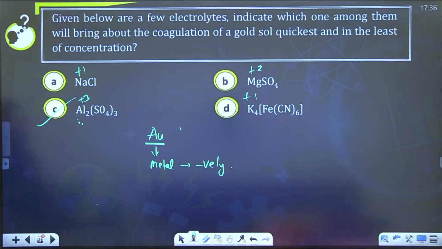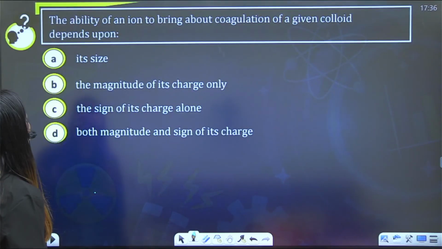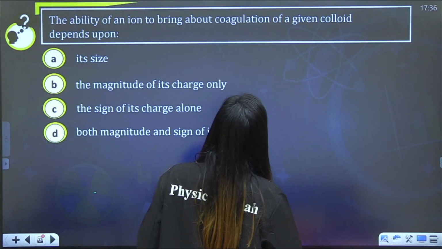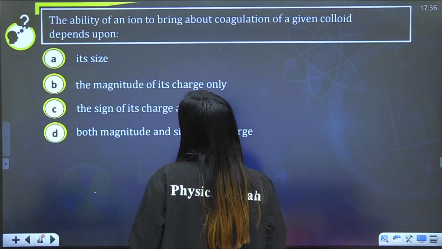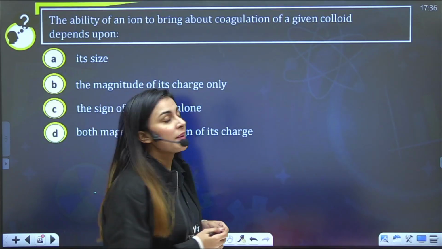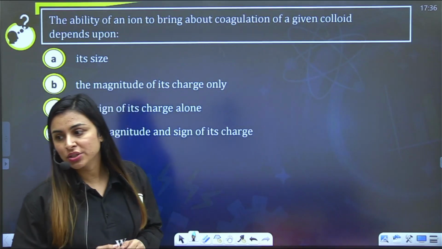Now let's talk about another question. The question says that the ability of an ion to bring about coagulation of a given colloid depends upon. The ability of an ion to bring about coagulation of a given colloid depends on the charge. The more the charge, the more will be the coagulation, right? Yes.